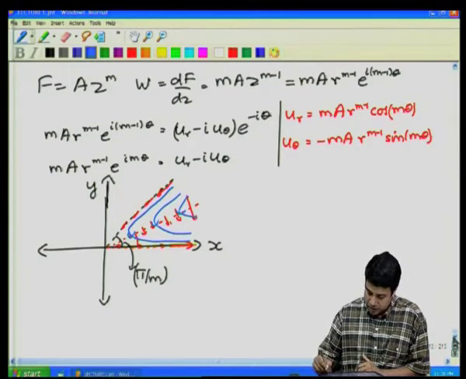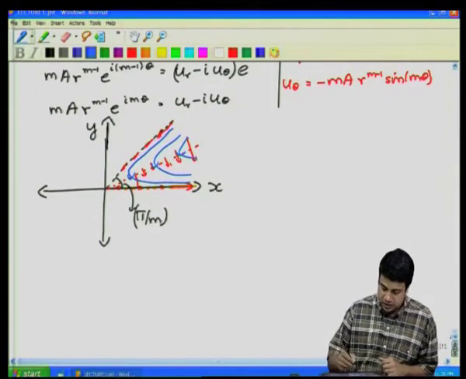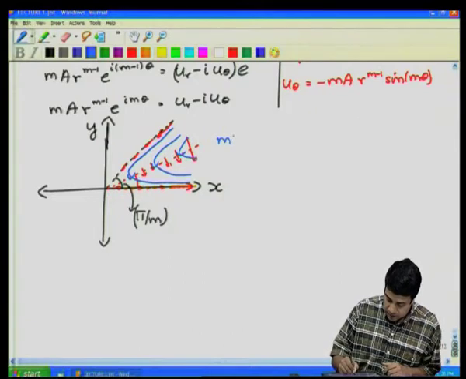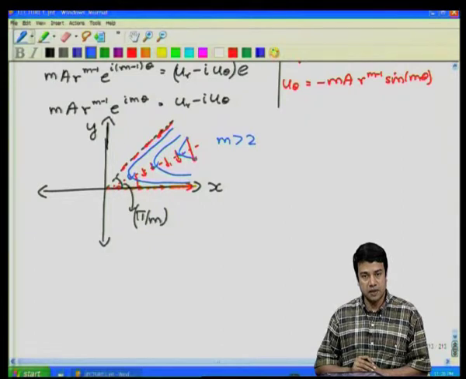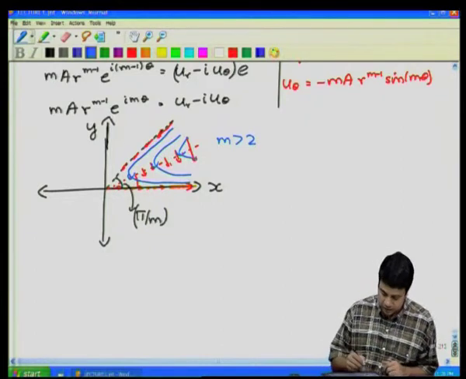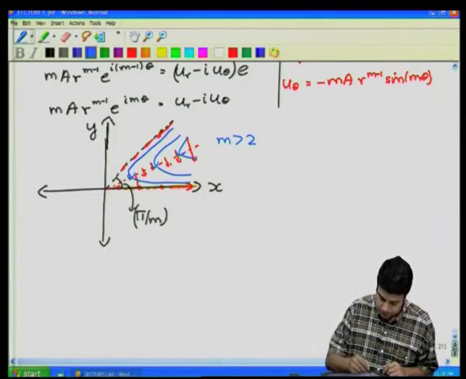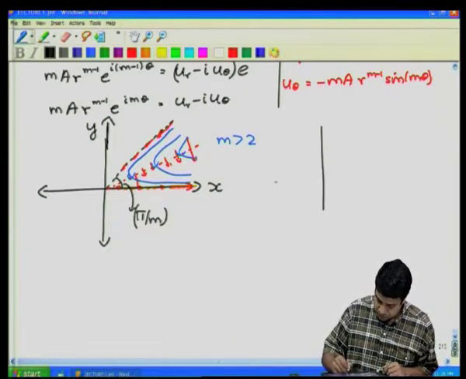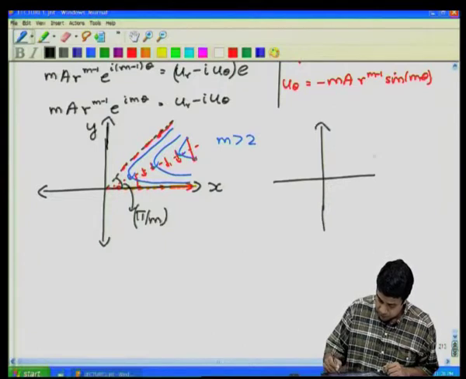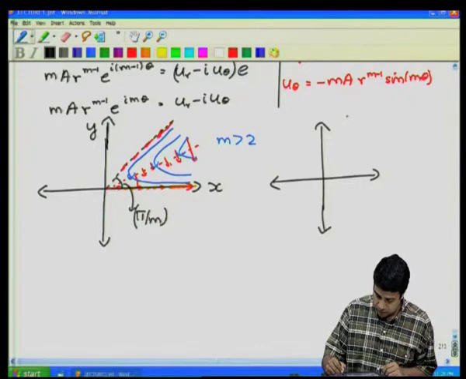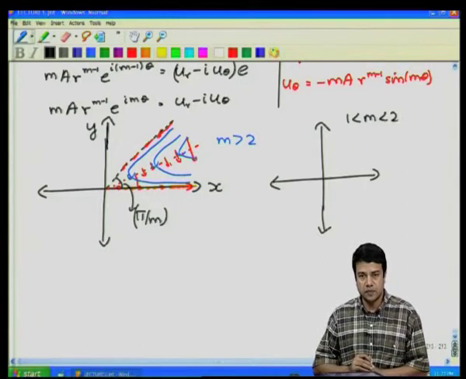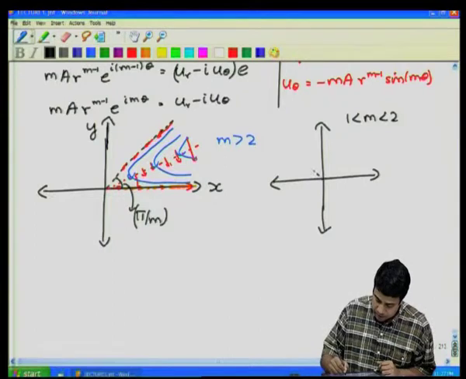So, this is for m greater than 2. If m is between 1 and 2, the angle pi by m is between pi by 2 and pi.